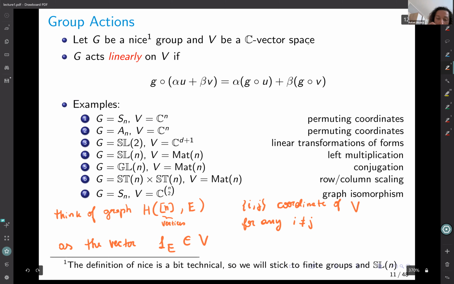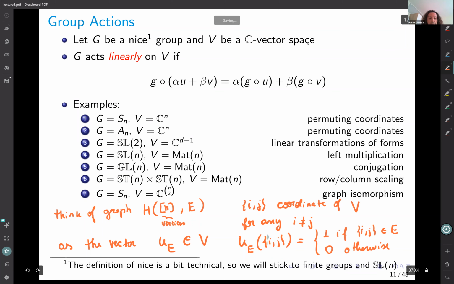Now, what is this 1e? Let me call the vector ue. If I think of ue as my vector, the coordinate ij of my vector is equal to 1 if ij is in the edge set E, or 0 otherwise.